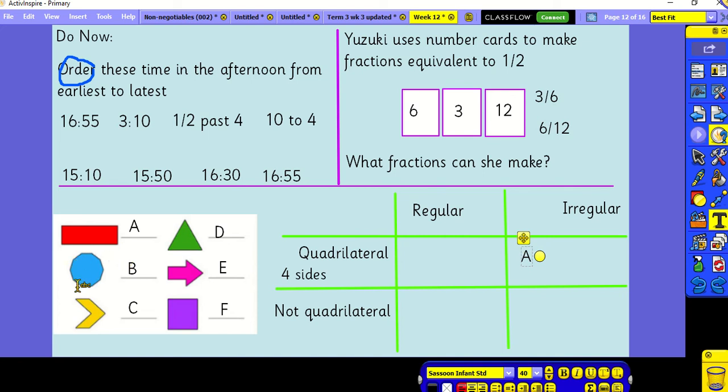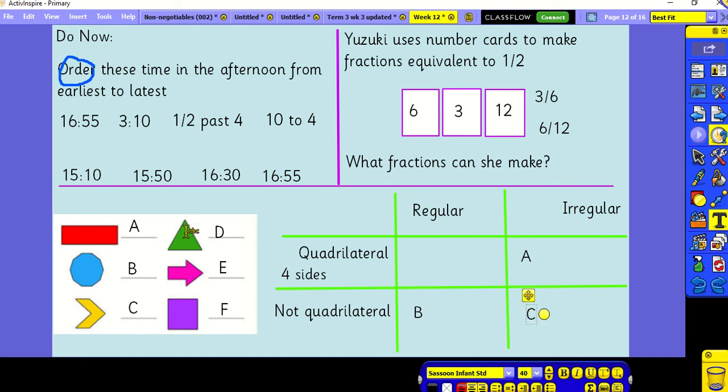B is regular, all of the sides are the same length, but it is not a quadrilateral. So it is, where are we? Regular, not quadrilateral. B. C, all of the sides are different lengths, and it is not a quadrilateral. So it is irregular, not quadrilateral.